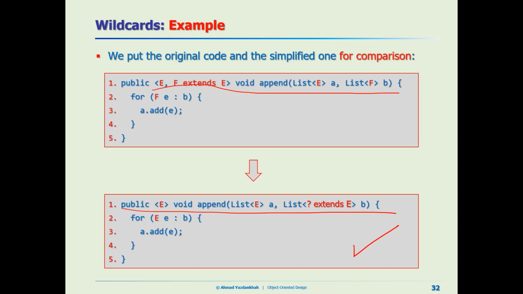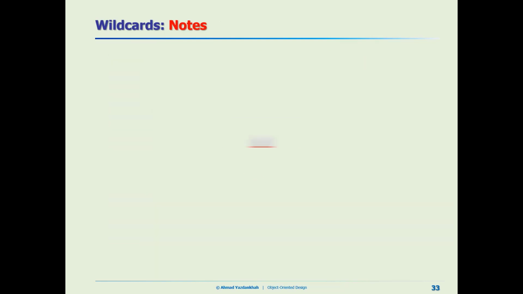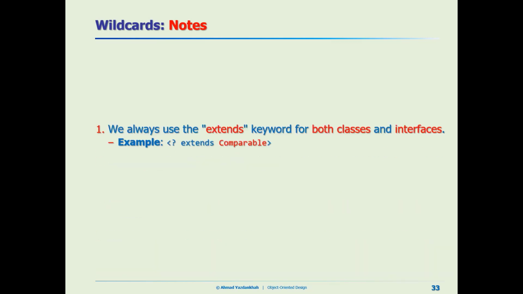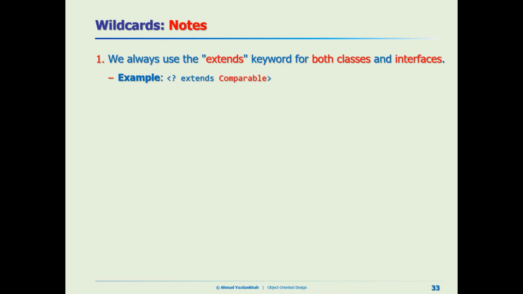All right, now let me give you some notes about the wildcards. We always use the keyword extends. Whether we have a class or an interface, we don't care. Always we use extends here.